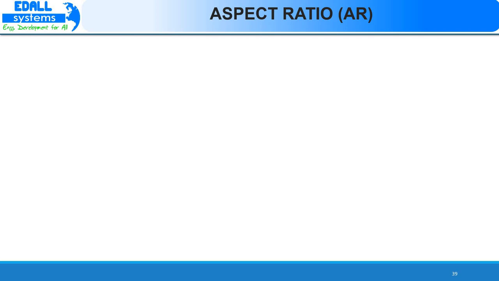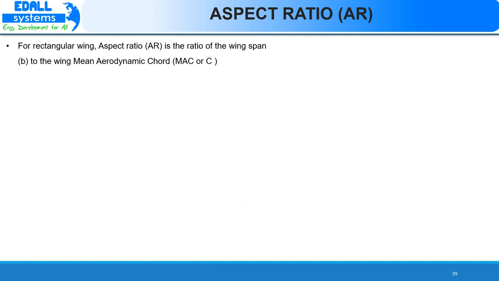Next parameter is aspect ratio, denoted as AR. For a rectangular wing, aspect ratio is the ratio of wingspan B to the wing mean aerodynamic chord MAC, or C bar. That is, AR equals B divided by C bar.